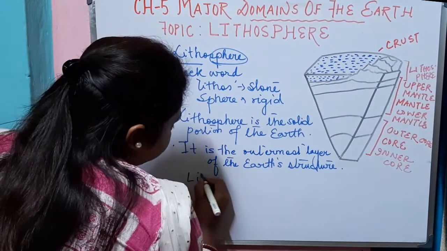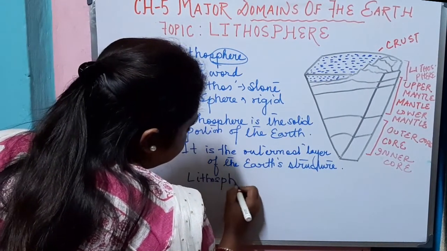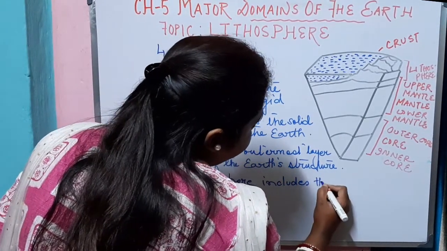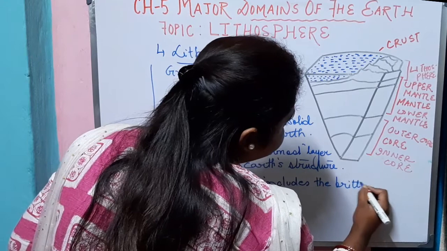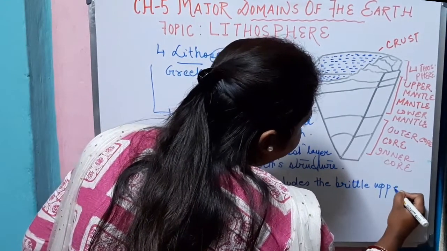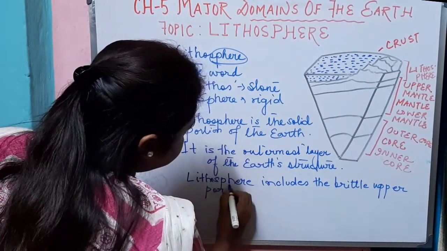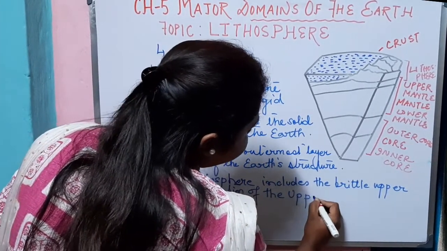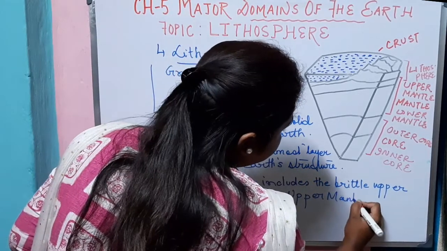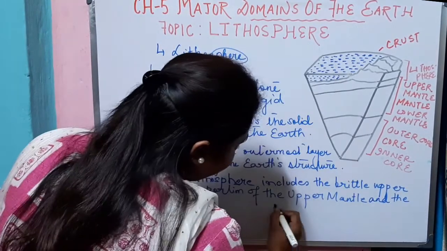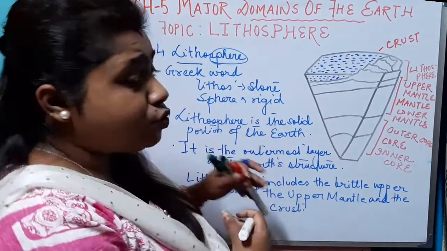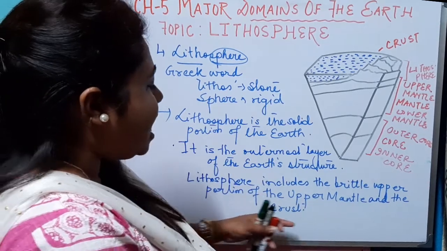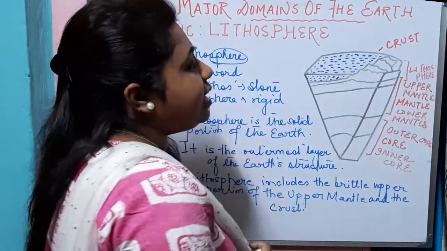So what does lithosphere include? It includes the brittle upper portion of the upper mantle and the crust. So this portion is the lithosphere.